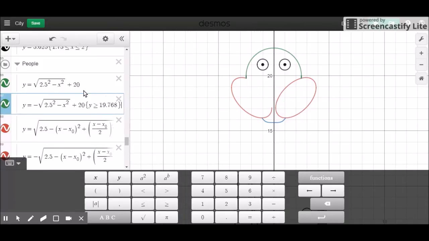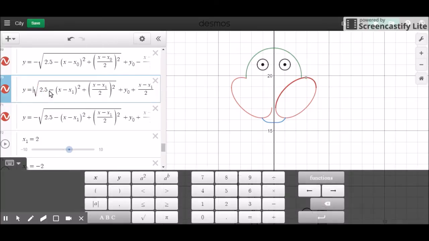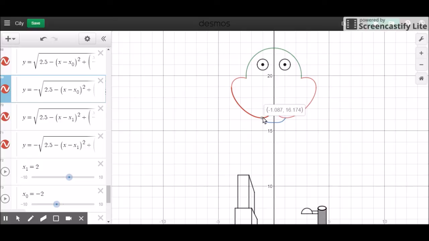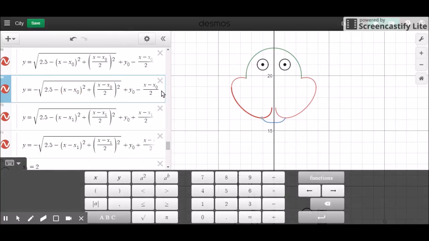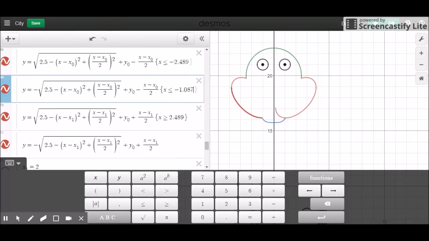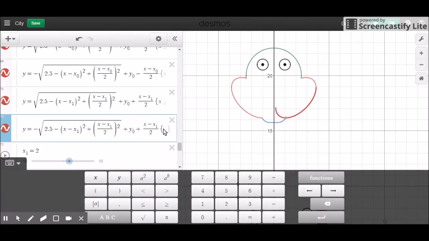Okay, this one's good. And this one is entirely symmetric, so greater than 2.489, then 1.087, and this one is positive.